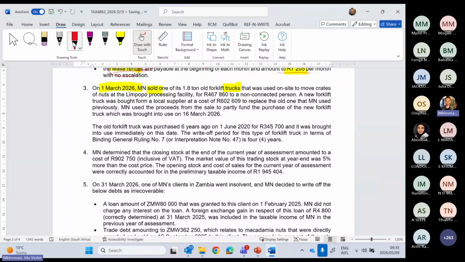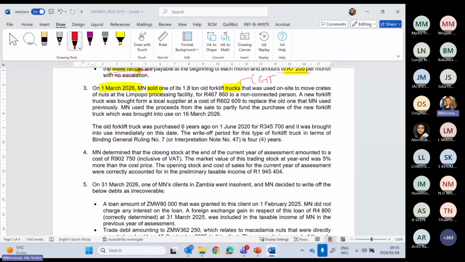So here we have a situation where the company sold one of its trucks. 100%, you're all getting it right. When you see a sale of an asset, it is a trigger for CGT, right?